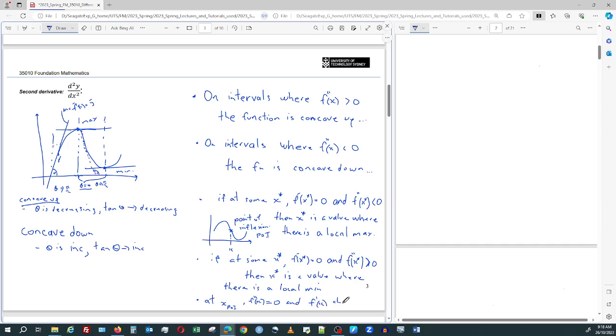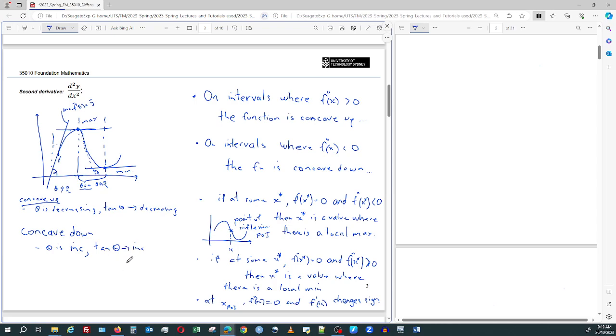It changes. That's what it must mean. It changes sign. And this is this changing of the theta angles and tan. So tan and theta change, they increase and decrease.